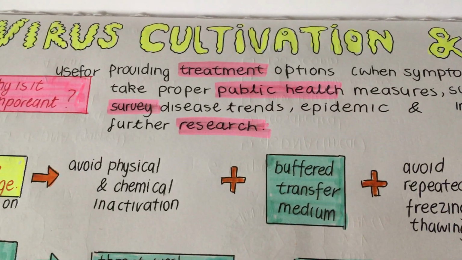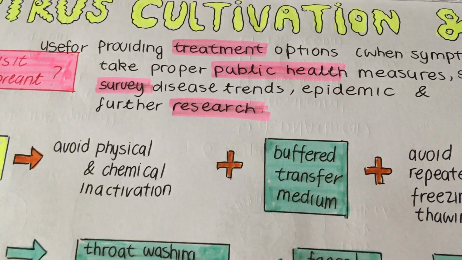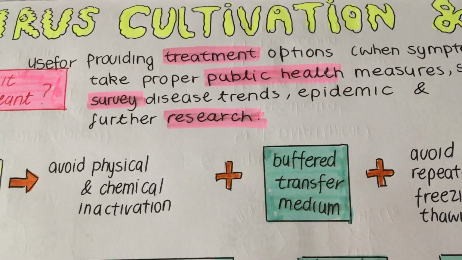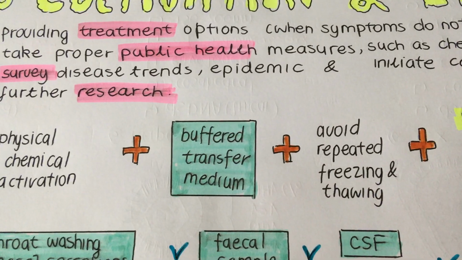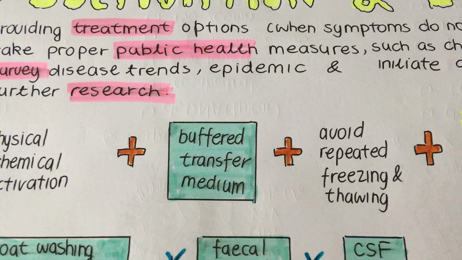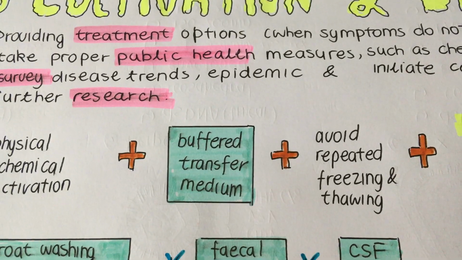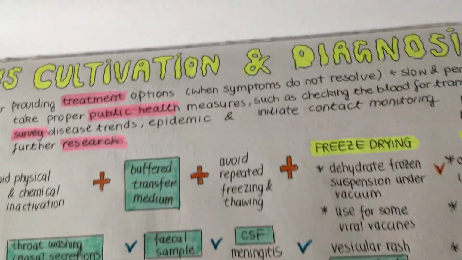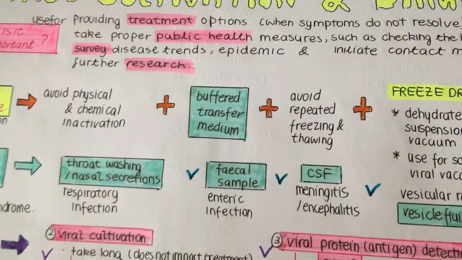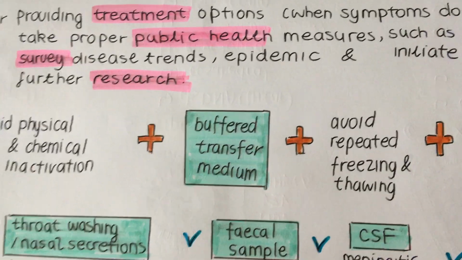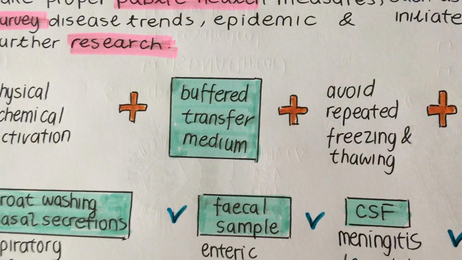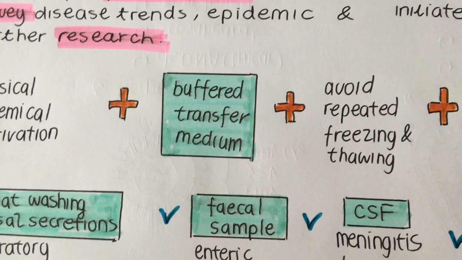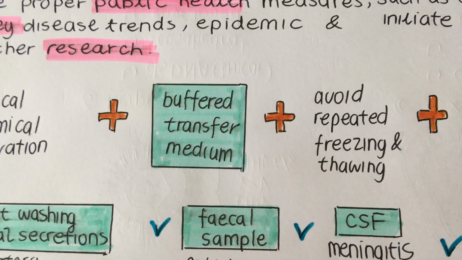Enveloped viruses are especially susceptible to physical and chemical inactivation, so you can use a buffer transfer medium to protect it. It is also important that when you do freeze drying or low temperature storage that you avoid repeated freezing and thawing, because the crystals that form during the process can actually damage some of the viral structure.